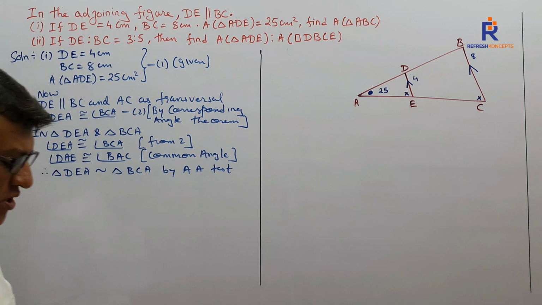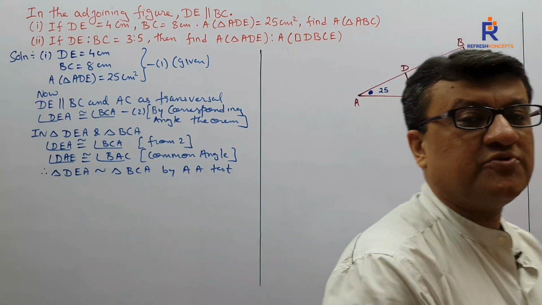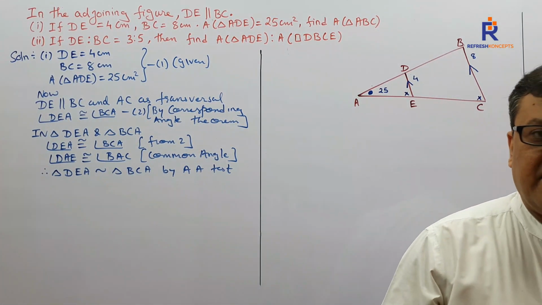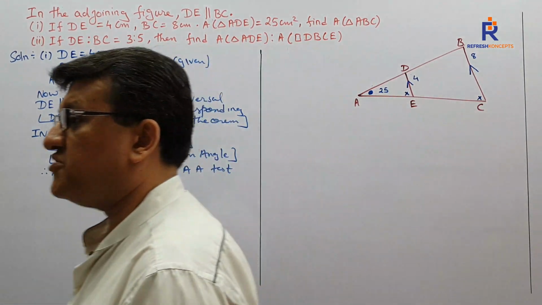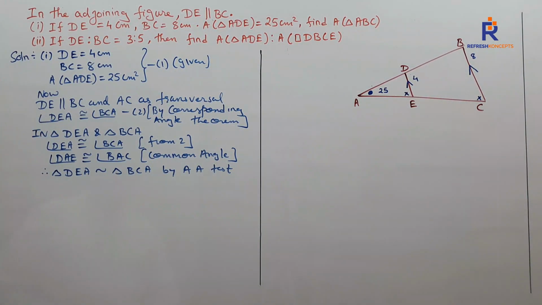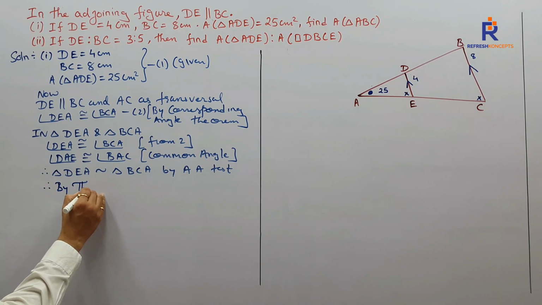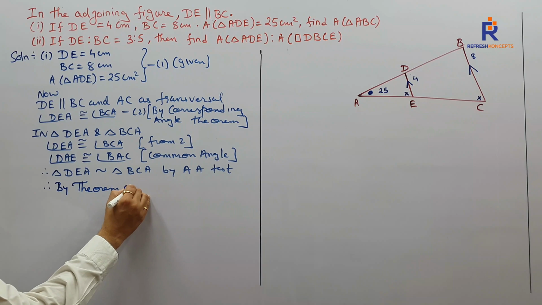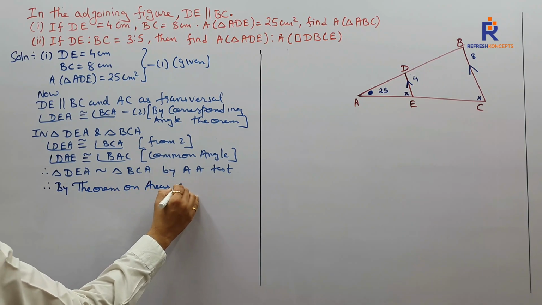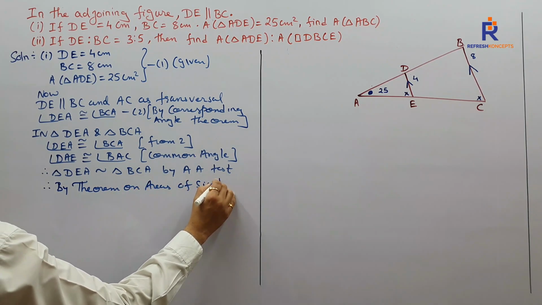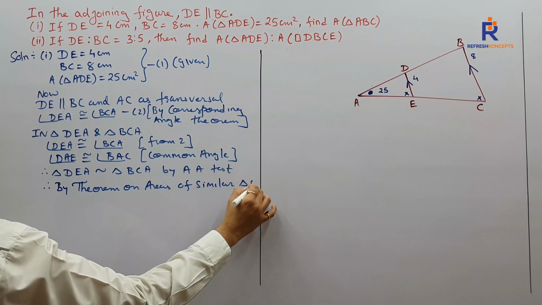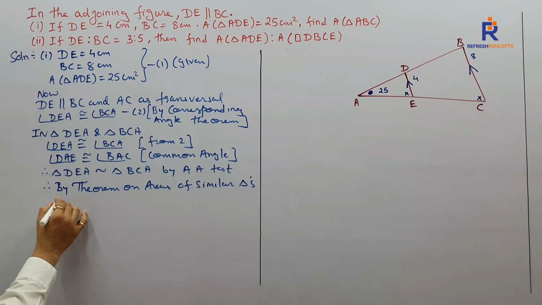Yes, once we are done with proving the two triangles similar, we can apply here the theorem on areas of similar triangles. So therefore, by the theorem on areas of similar triangles, what can I say?